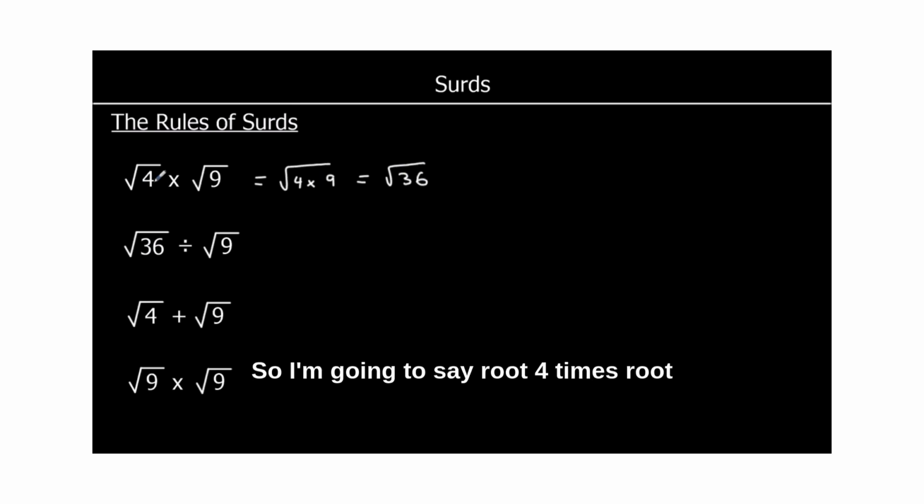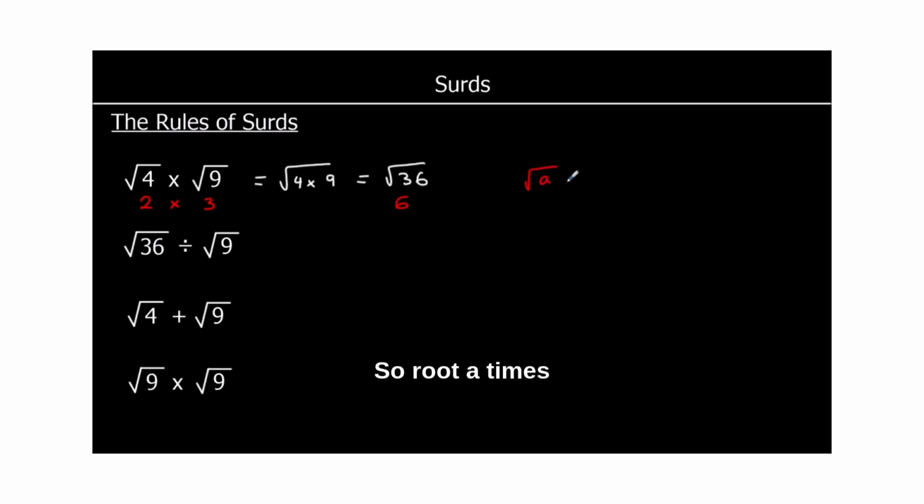So I'm going to say root 4 times root 9 is equal to root 36. And I can show you that works because root 4 is 2, root 9 is 3, and root 36 is 6. So 2 times 3 equals 6. And I'll write this as a rule. So root A times root B equals the square root of A times B.